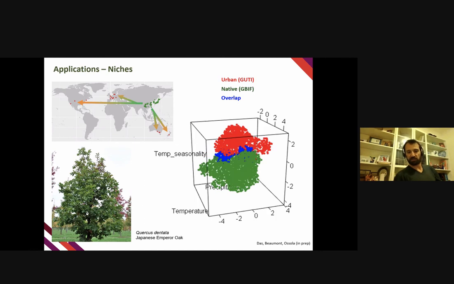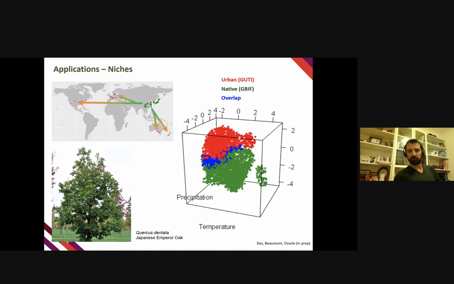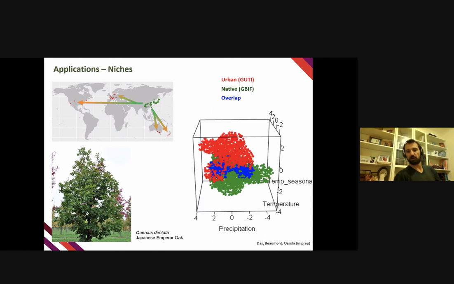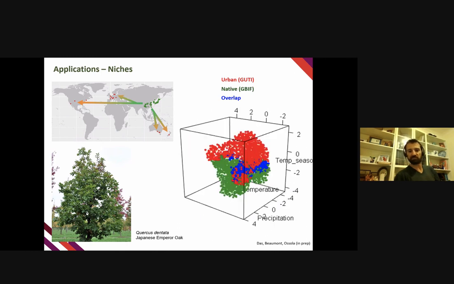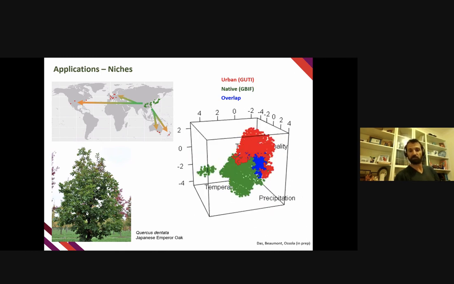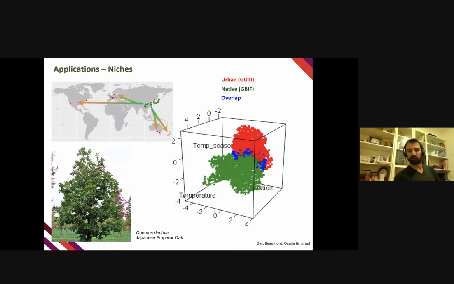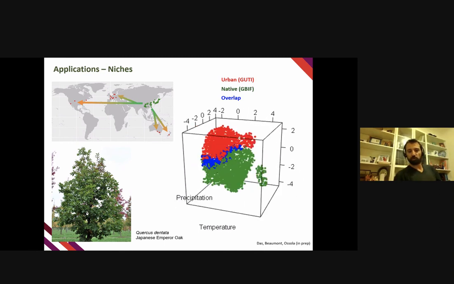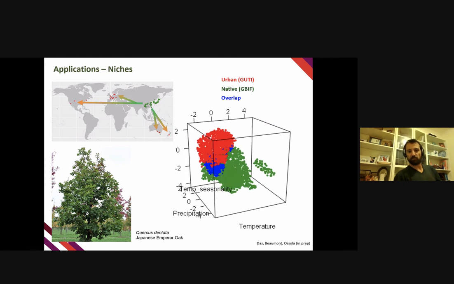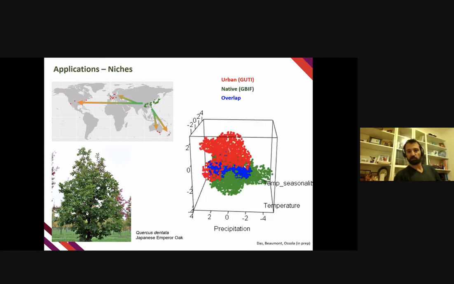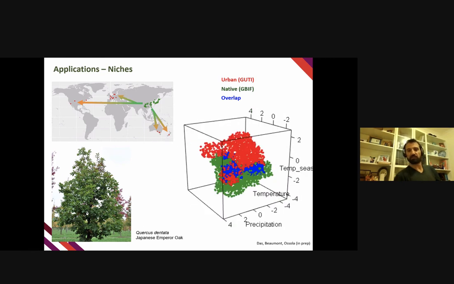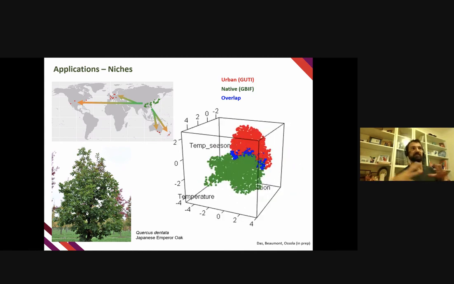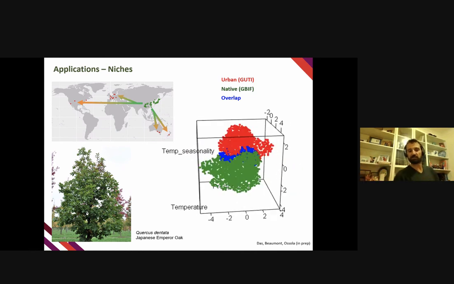From this 3D animation, you can see that the native niche compared to the urban niche for these three different climatic variables is quite significant, and the overlap is actually quite minor. So what we found so far is that temperature is actually the main driver driving essentially two different distinct niches, urban and native niches.